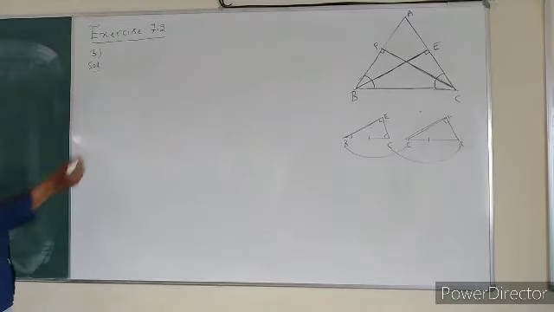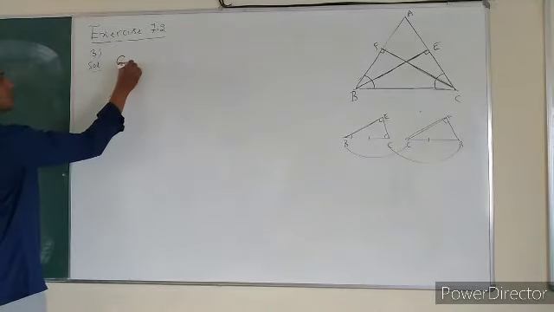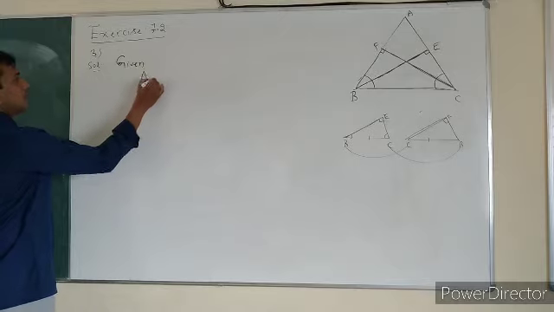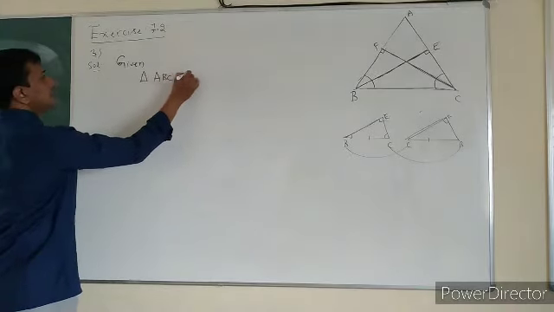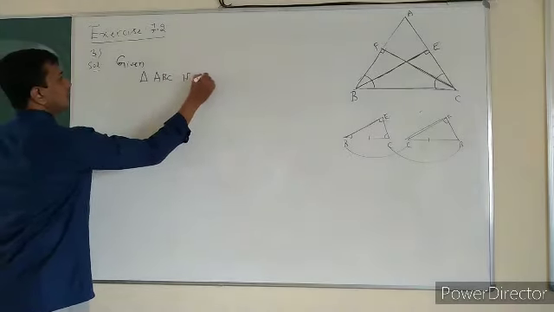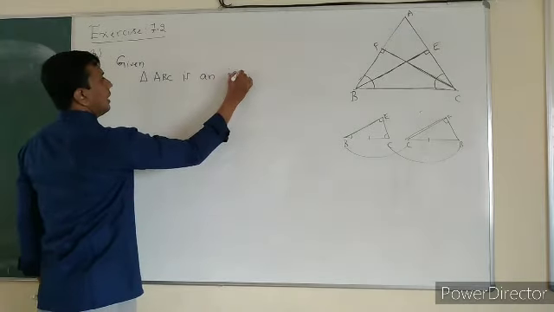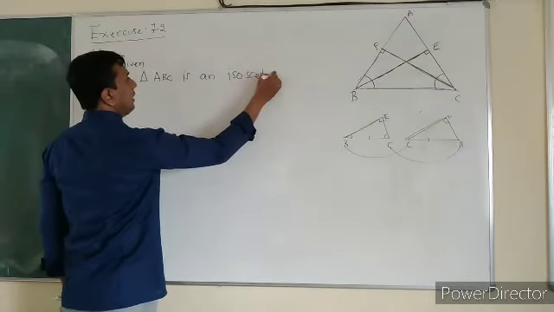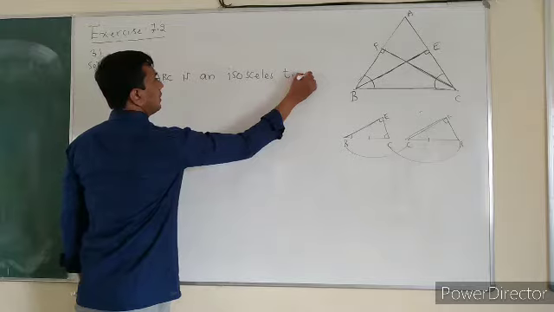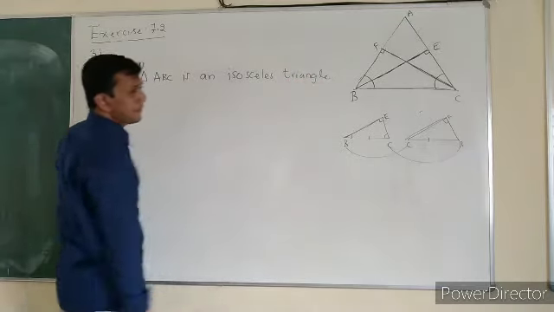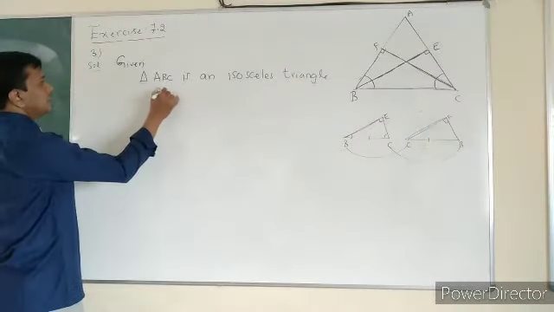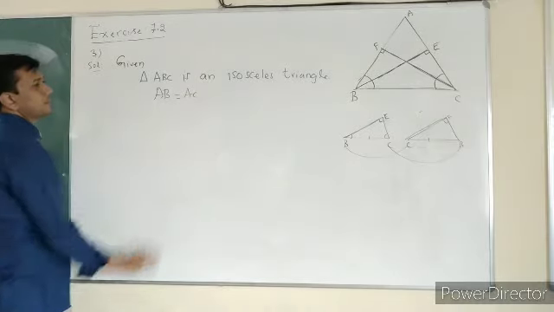First one, given: triangle ABC is an isosceles triangle. AB is equal to AC.